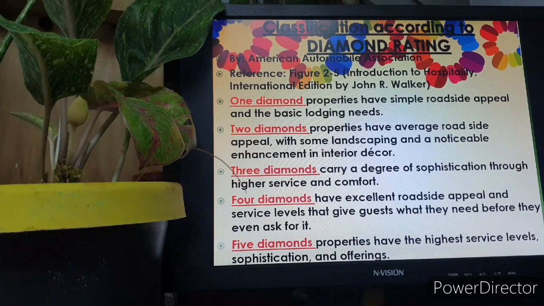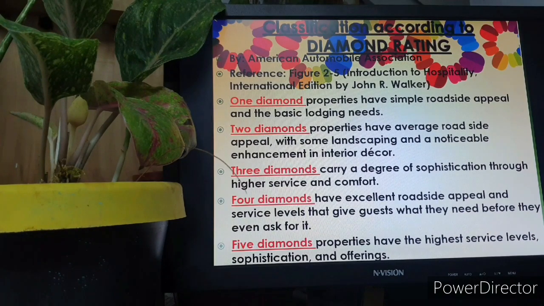Next in line, 3 diamonds carry a degree of sophistication through higher service and comfort. Properties appeal to the traveler with comprehensive needs. You expect them to be multifaceted with a distinguished style, with upgraded quality of physical attributes and amenities, and we are now talking about the level of comfort.